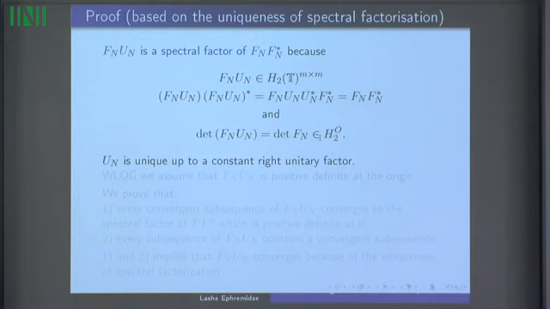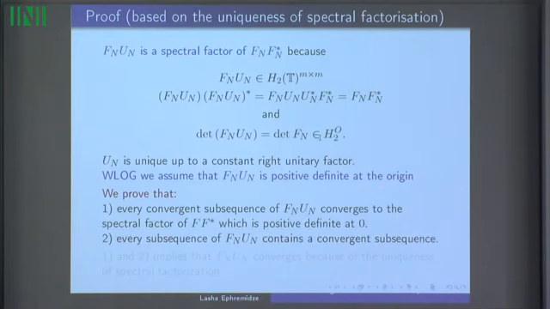Without loss of generality, we can assume that this is positive definite at the origin. For example, this is already an H2 function, and the entries are H2, and we can define it at the origin.